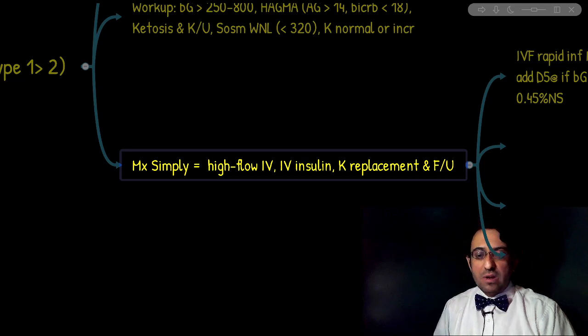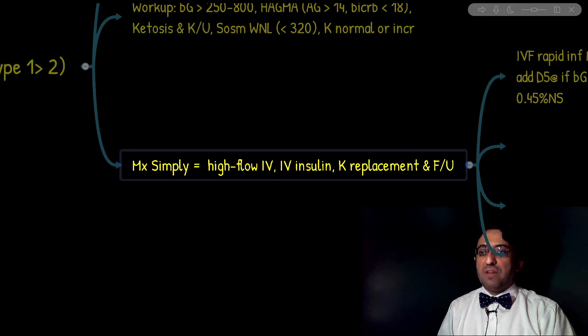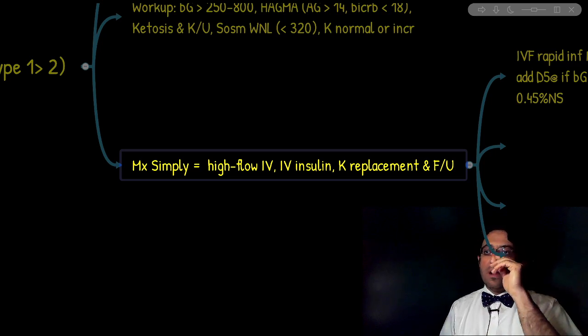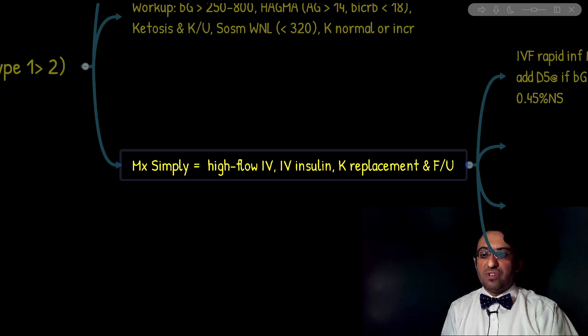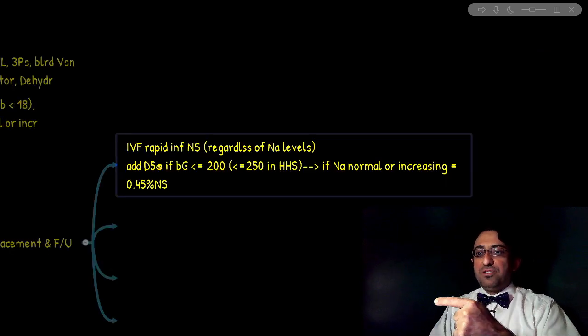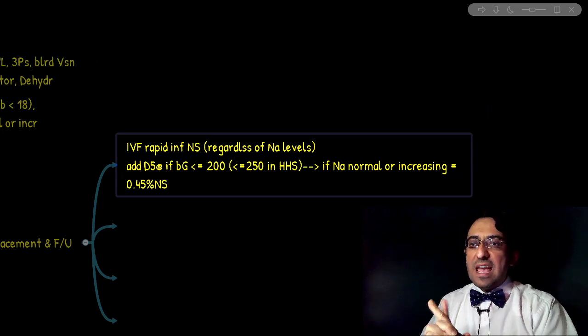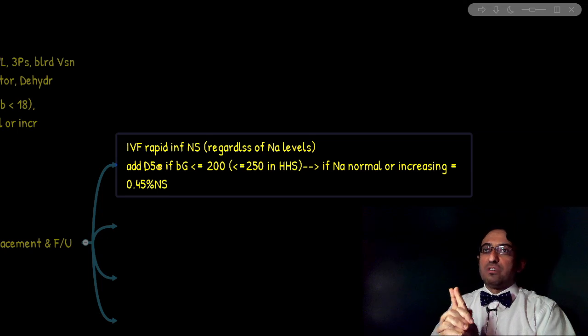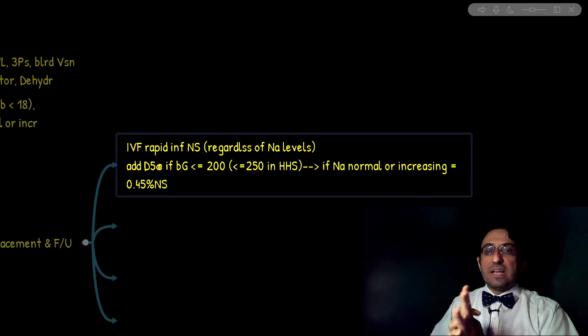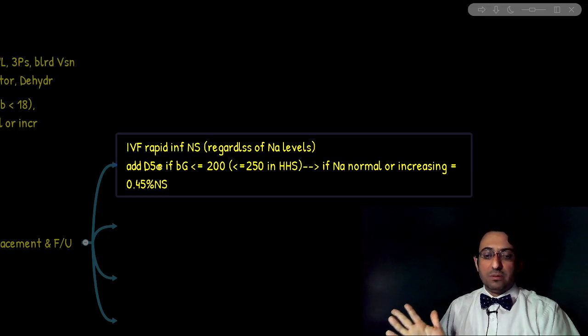So what is the very first IV fluid recommendation for DKA? That is rapid infusion of normal saline, 0.9% NS. What are the monitoring-based shifts and switches in the IV fluid management? If in DKA patients the blood glucose levels reach less than 200, we add dextrose water, 5% DW.